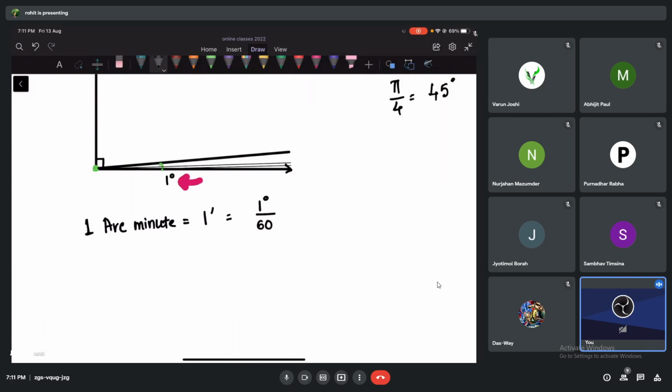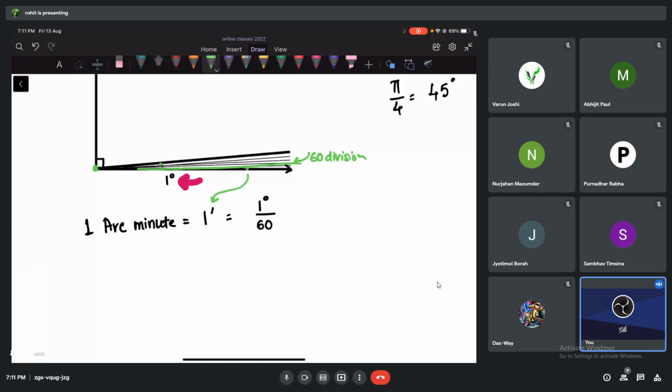I am drawing only a few, drawing 60 is not possible right now. But can you imagine, if I have 60 divisions, the angle made by one such division is known as your 1 arc minute, okay guys.